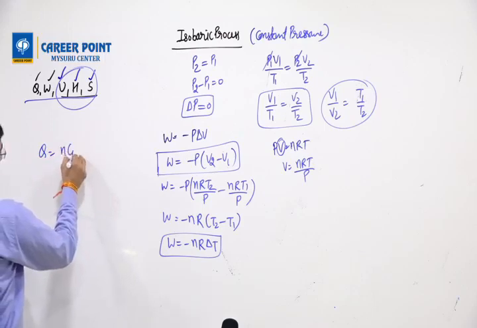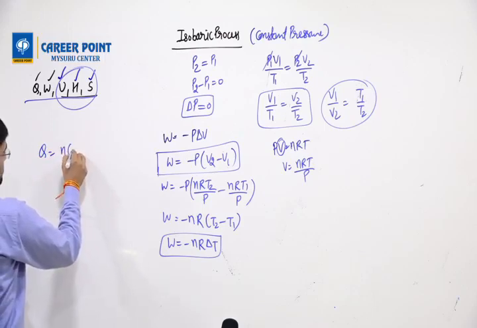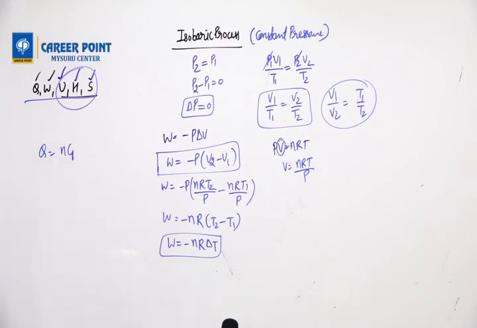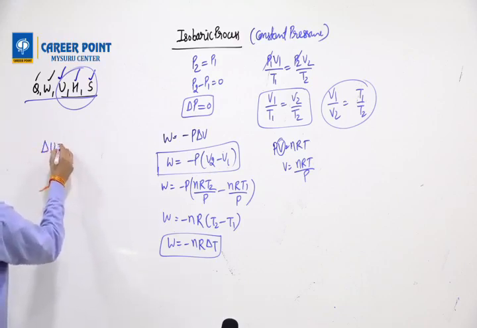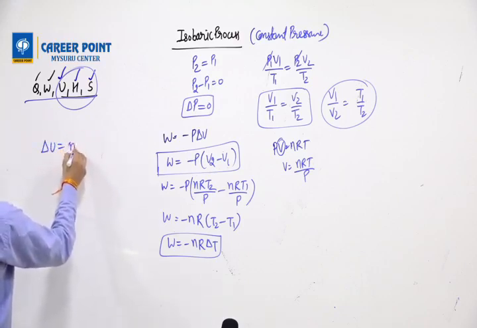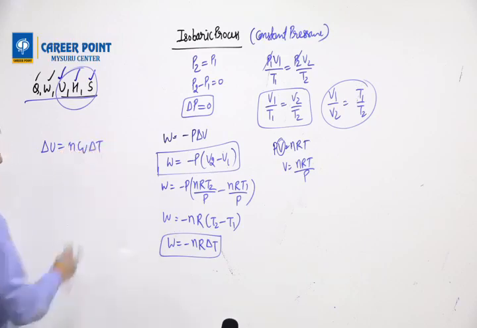Then, what about Q? Not Q, delta U. Delta U equals to n CV delta T. Okay.